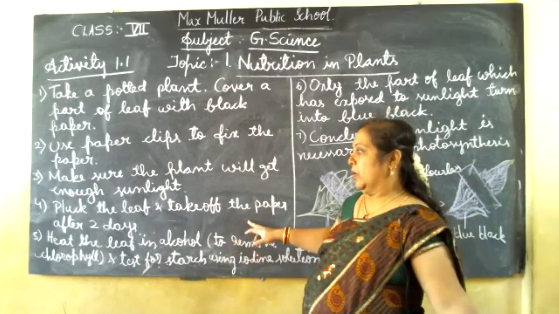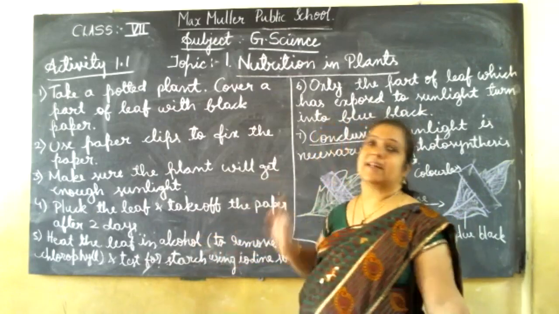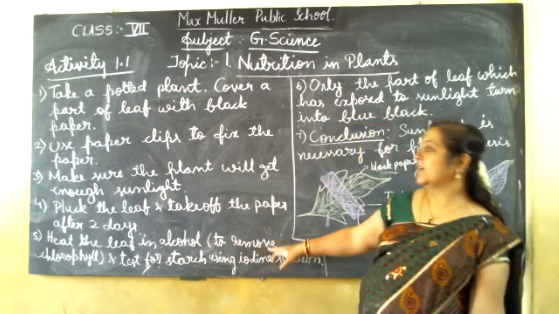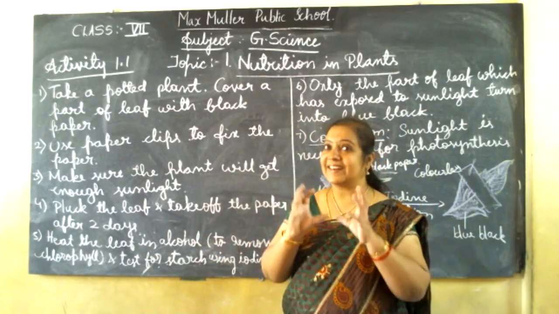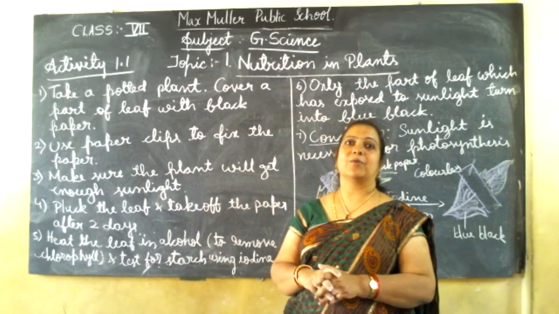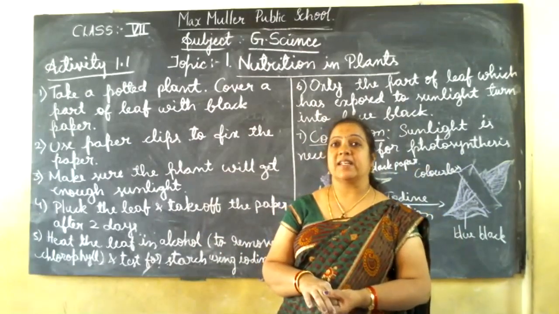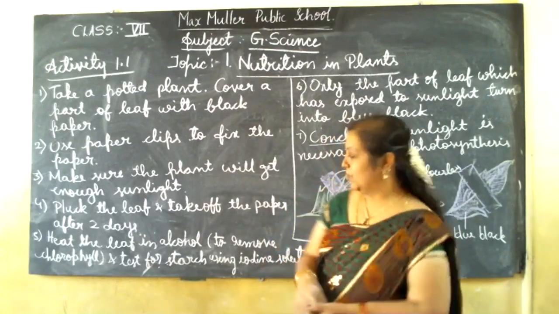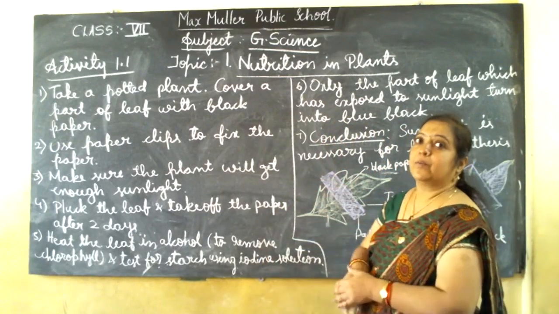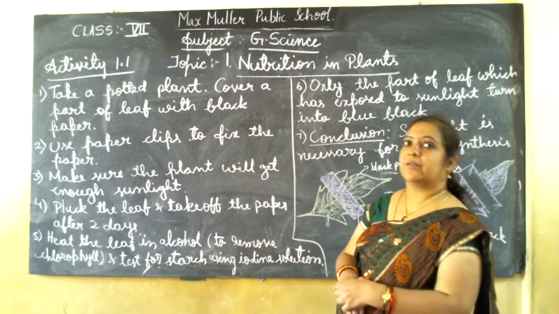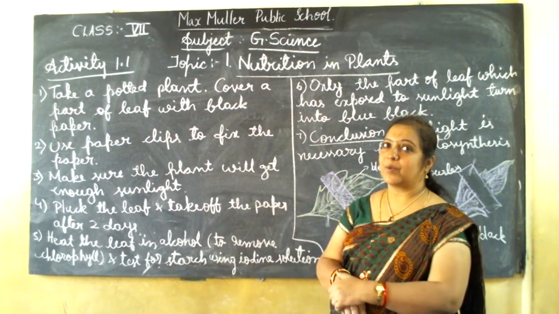Before testing for starch, we decolorize the leaf to remove the chlorophyll, the green color content. Because if you add iodine solution, it changes to blue-black, and on top of dark green we cannot understand that color properly.